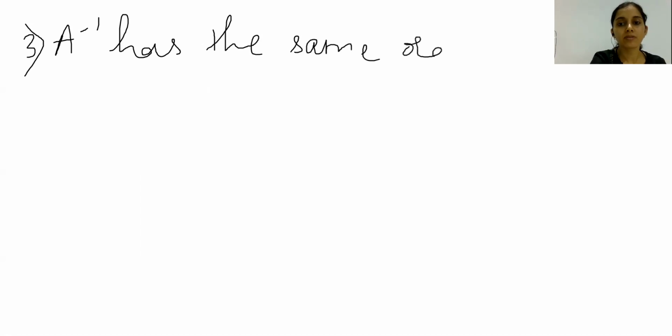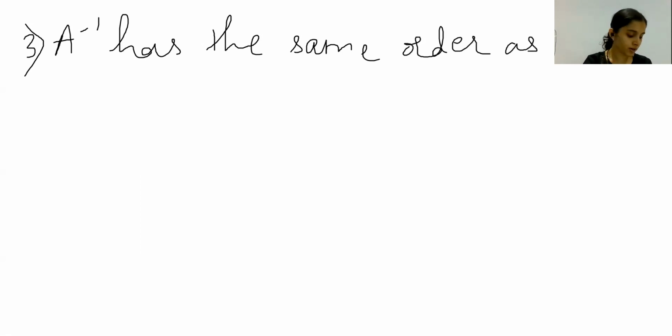Then the third property: A inverse has the same order as A. So, what is the order of an inverse matrix?